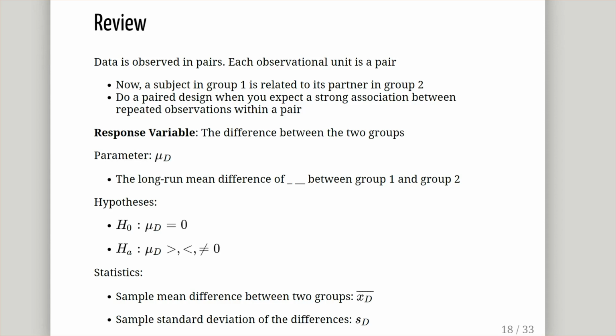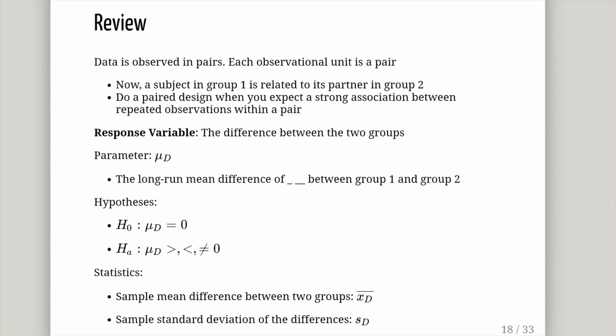This mu, or u, if you want to say it in words, is the long-run mean difference of blank, whatever is in your study, between group 1, whatever that is in your study, and group 2, whatever that is in your study. So it's a long-run mean of all the differences between group 1 and group 2.